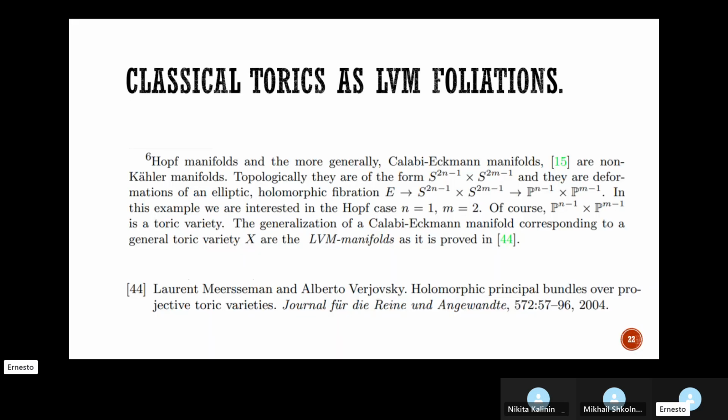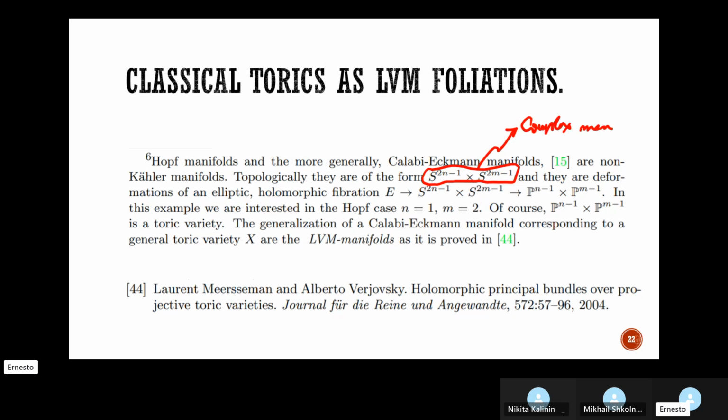Here they are. Hopf manifolds look like this, and they also have elliptic fibrations here. This is a typical Hopf manifold. But when I call it Calabi-Eckmann, I'm stressing that it is a complex manifold.